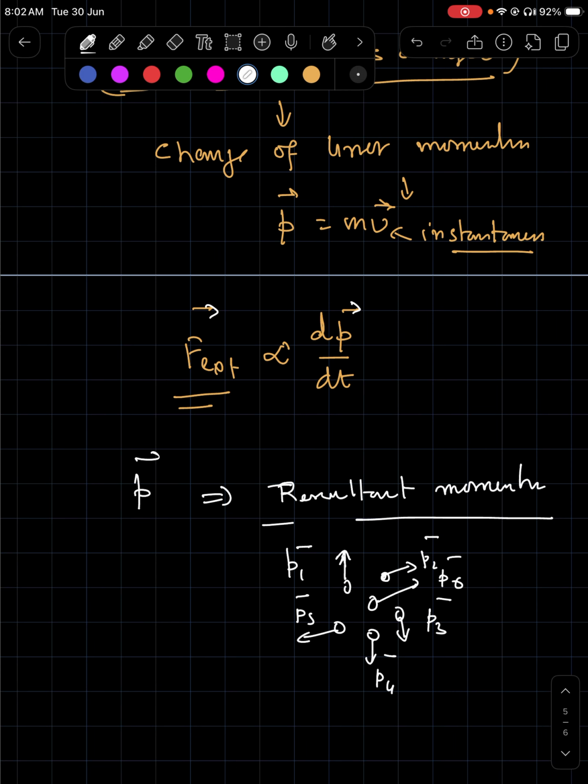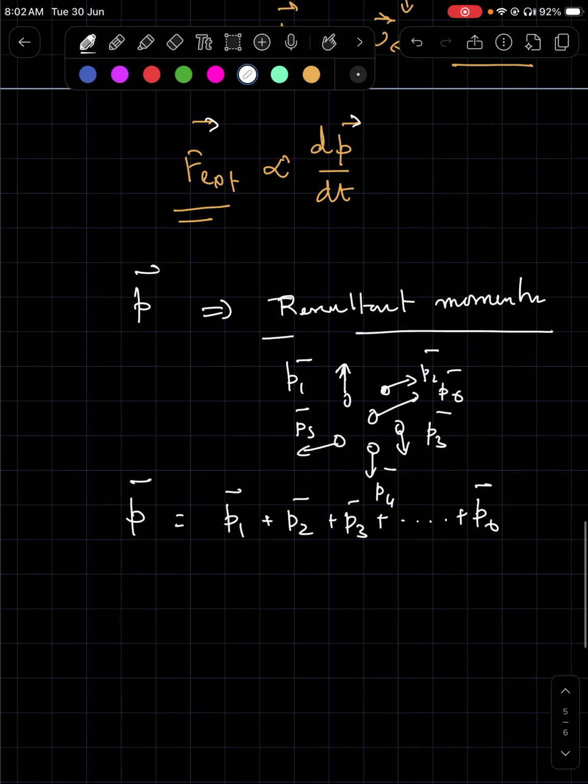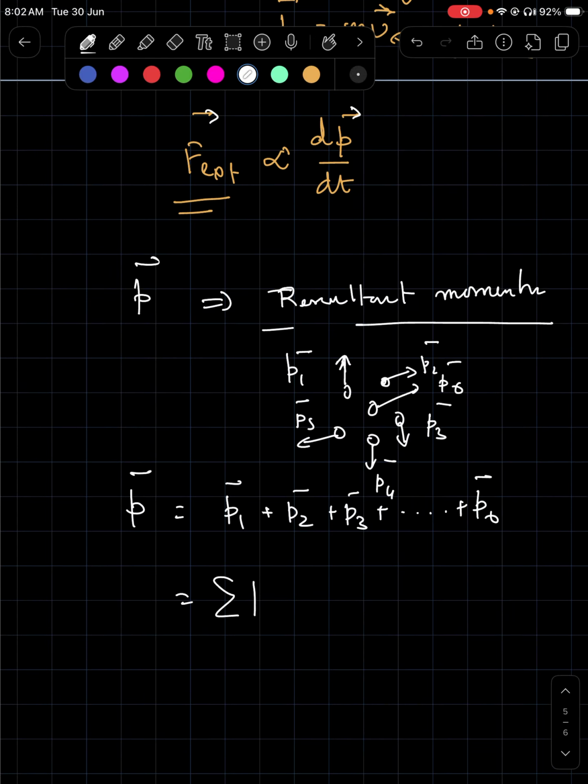So this P is actually the total sum of those momenta vectorially. That means this is the total momentum we are talking about. This is a shorthand symbol to represent the total momentum, right? Sigma Pi.